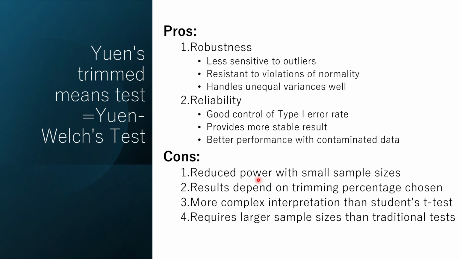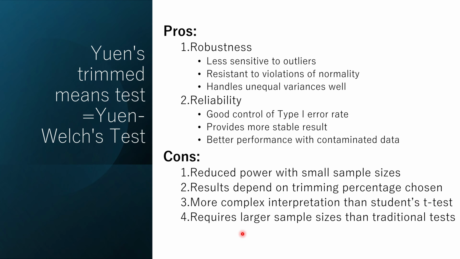It can have reduced power with small sample size. We need to trim the data, so the sample size is reduced. And the result depends on the trimming percentage you choose. For example, with 10% trims or 20% trims, the significance is possibly different.